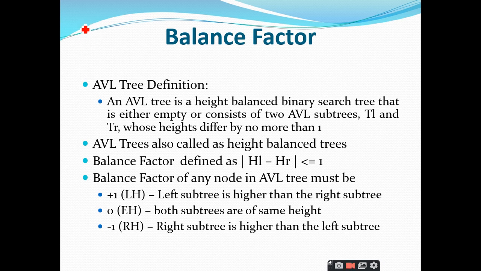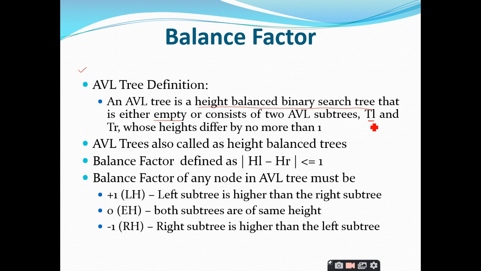So coming to the AVL tree definition. As I told you, this is a height balanced binary search tree. See how long it is. It is a binary search tree along with one property, which is called balancing of height. It is either empty or consists of two AVL trees, TL and TR.